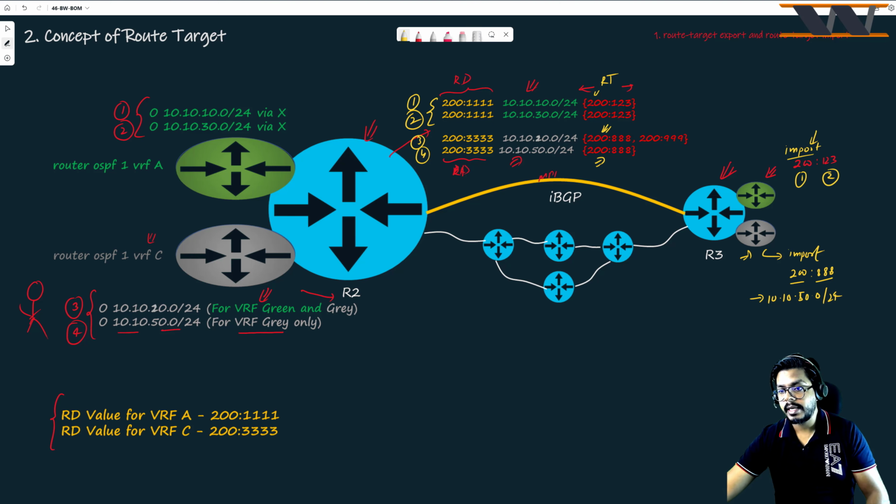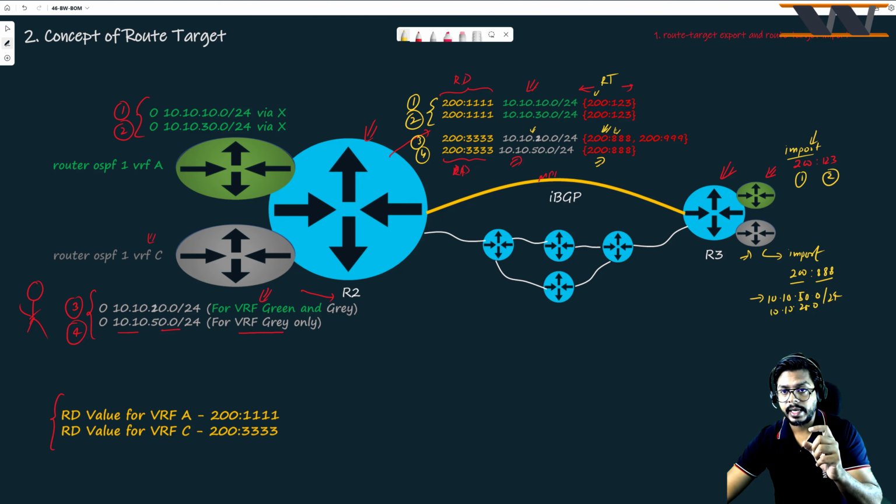But as soon as I write 200:888, it will check what other routes have this 200:888. So it will receive 10.10.20.0 also, because in the RT value it is written 200:888. It doesn't need to match everything.